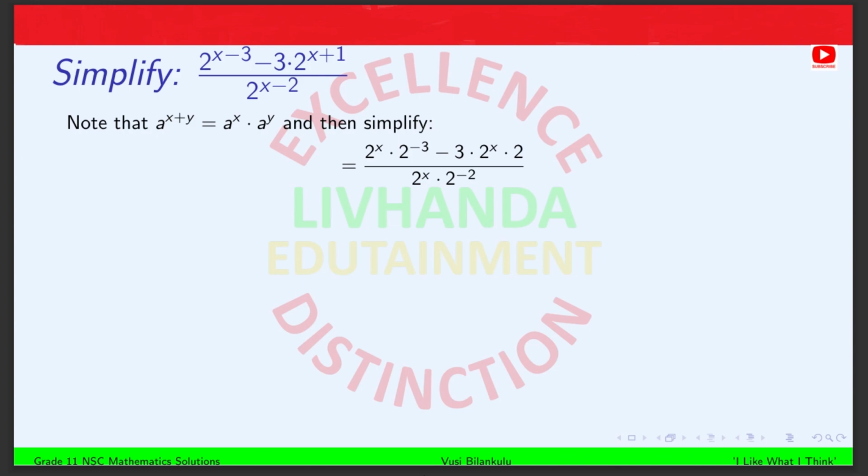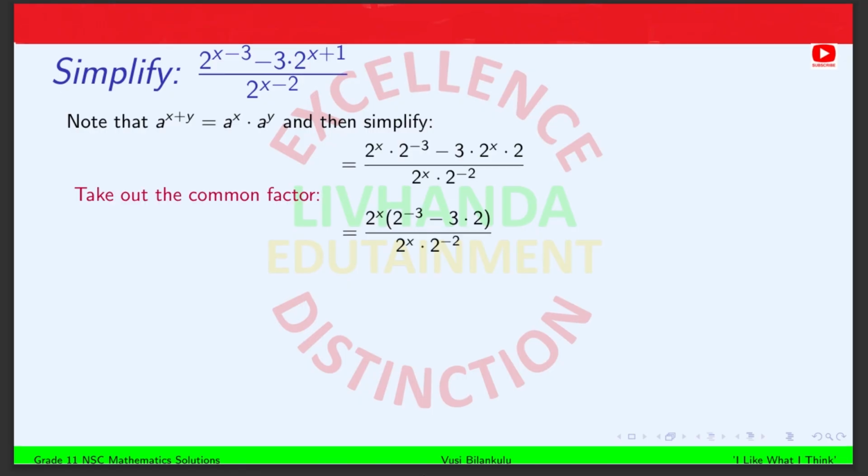Note that a product of powers of the same base is equal to the base raised to a sum of exponents, and then simplify the given expression, such that the numerator is given by 2^x times 2^(-3) minus 3 times 2^x times 2, and denominator given by 2^x times 2^(-2).